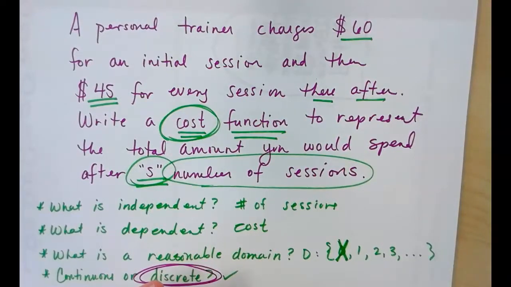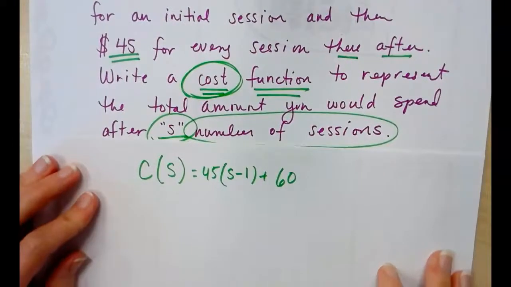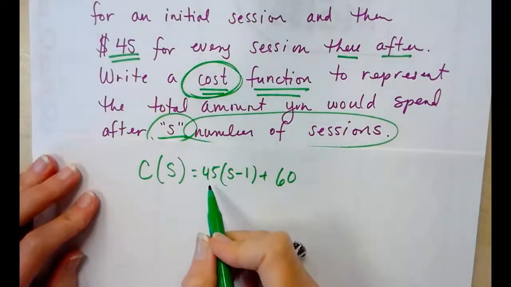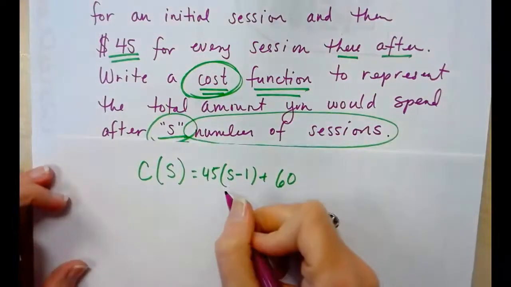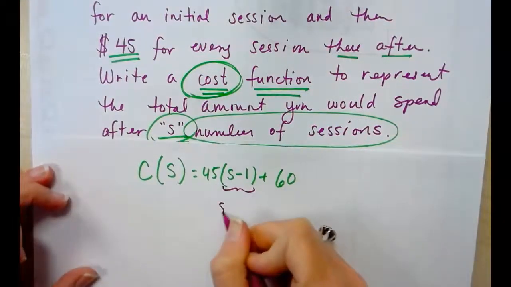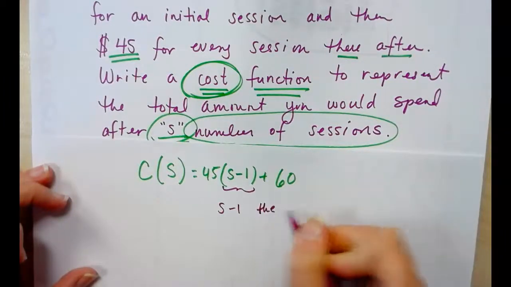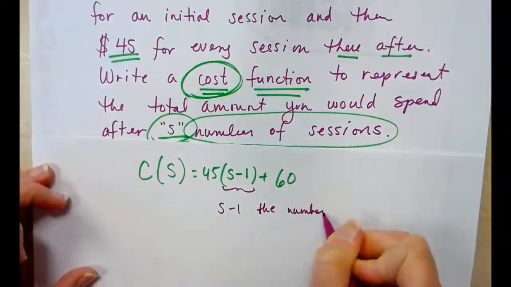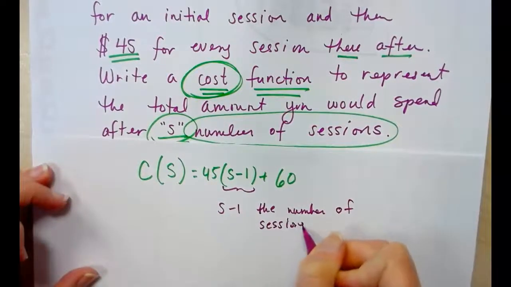No, because we're saying that we went at least one time. So here's our cost function. C of S equals 45 times S minus 1 plus 60. Let's be reminded real quick that S minus 1 represents the number of sessions after the first one.